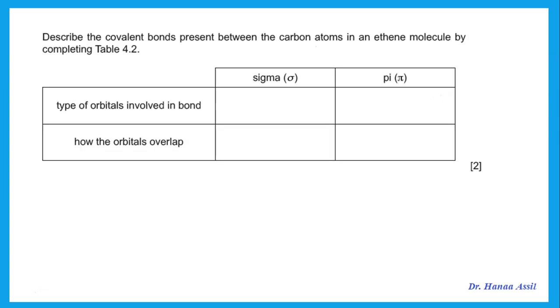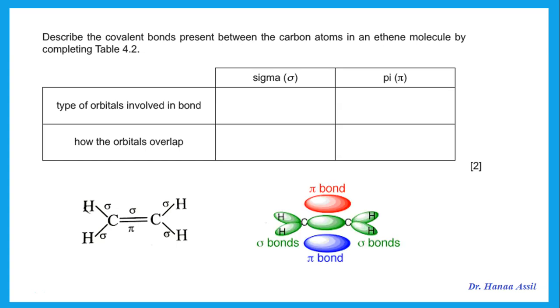Describe the covalent bonds present between carbon atoms in ethene. We said ethene is this kind of molecule. Each carbon atom has how many sigma bonds? Each carbon has 3 sigma bonds, and we said the 3 sigma bonds are made from sp2 hybridized orbitals.